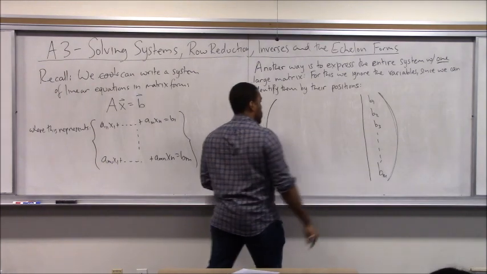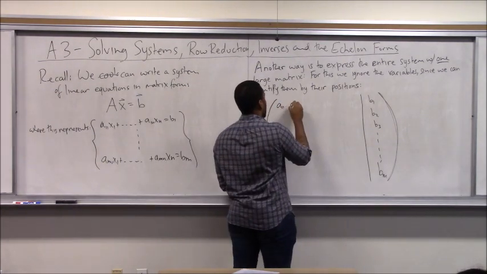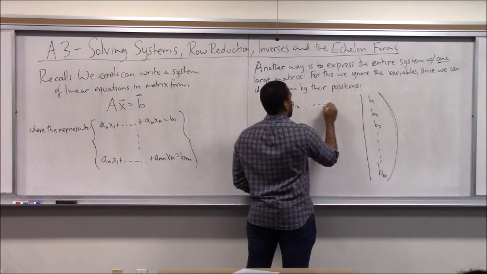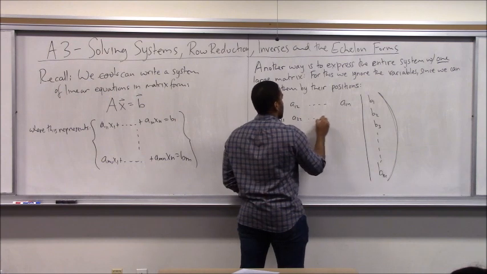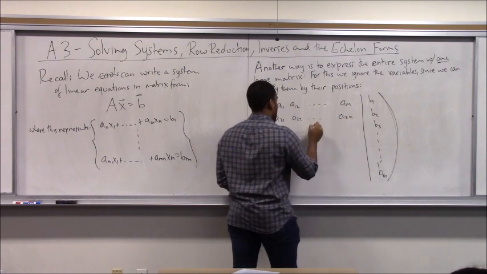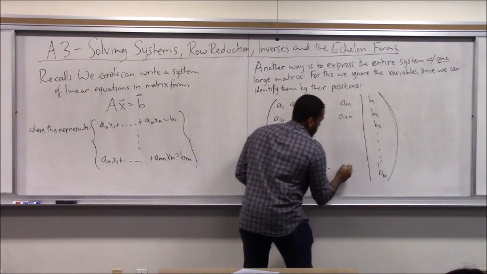Now on this other side, you're going to put the coefficient matrix. So you're going to have that A11, A12, all the way down to A1n, A21, A22, all the way down to A2n, all the way down to AM1, AM2, all the way across to AMN.